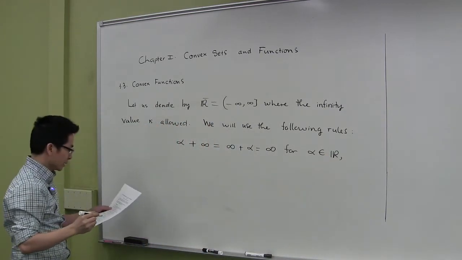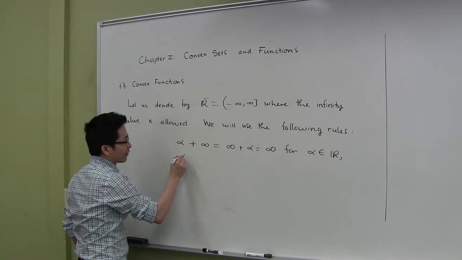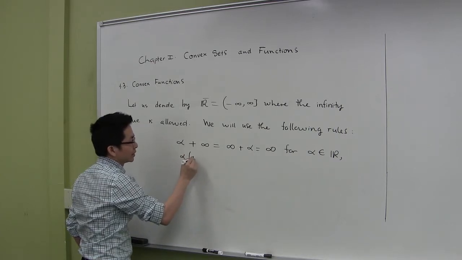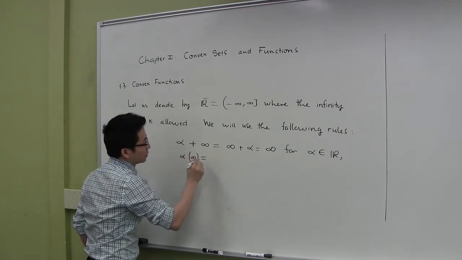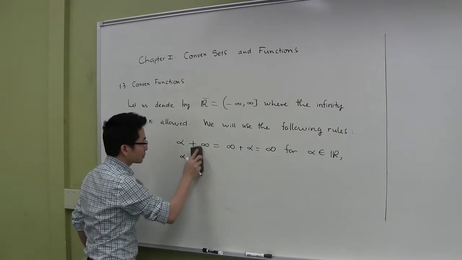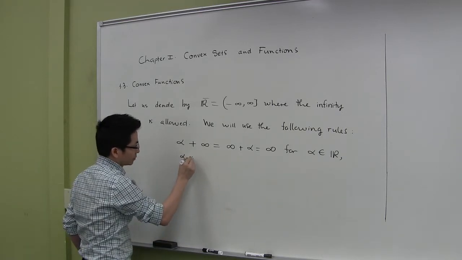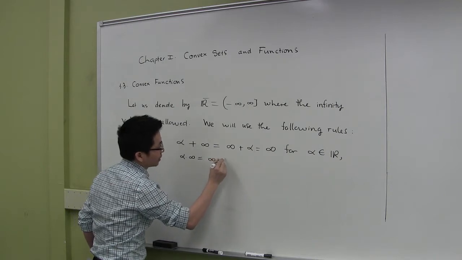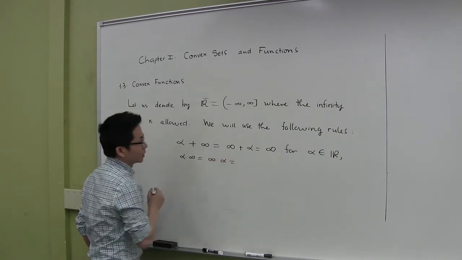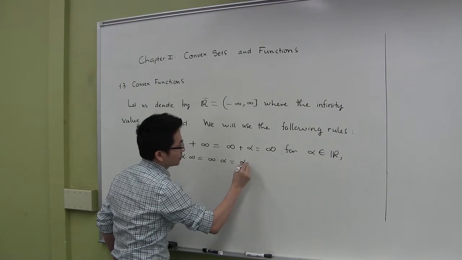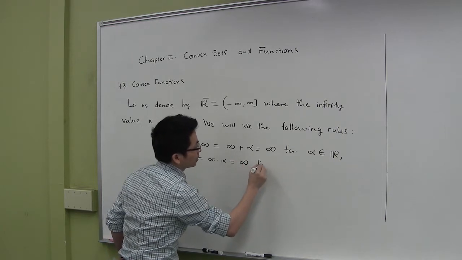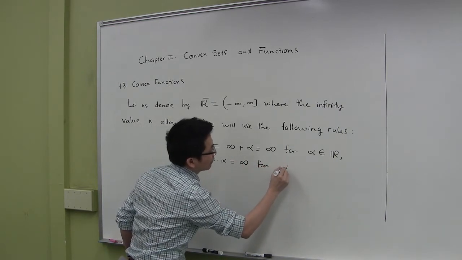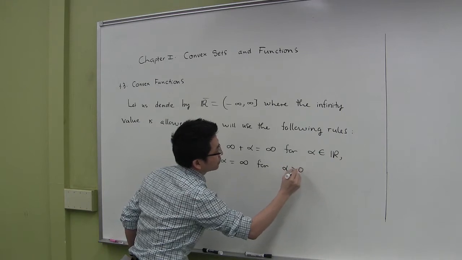The second rule is alpha times infinity is equal to infinity times alpha and is equal to infinity for any alpha greater than 0.